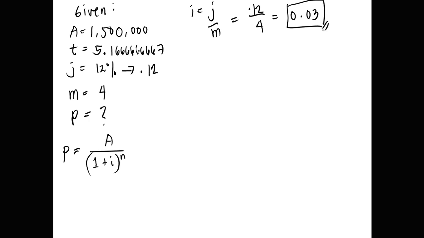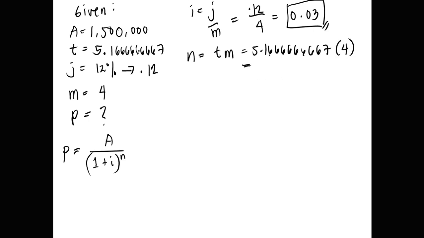And that will be your periodic interest rate, or I. Next, we have to solve for the N. Formula is T times M. So, our T is 5.166667 multiplied by our M, which is 4.